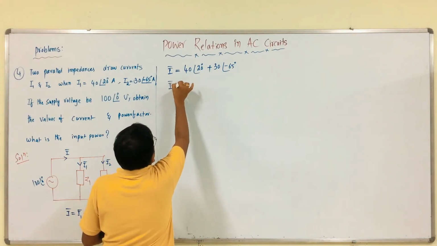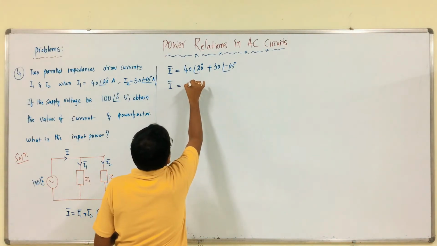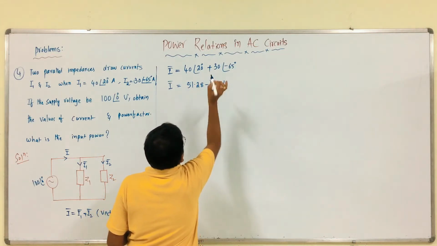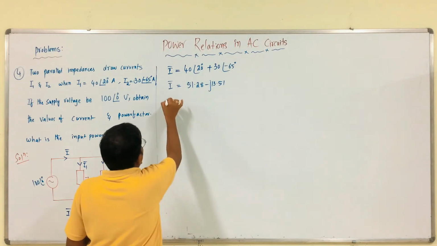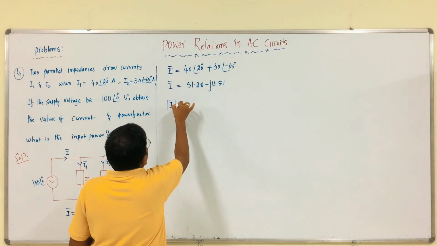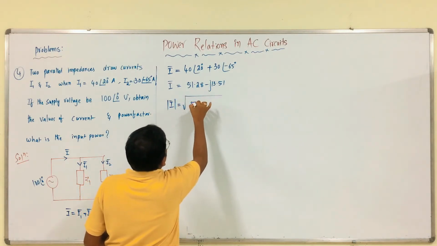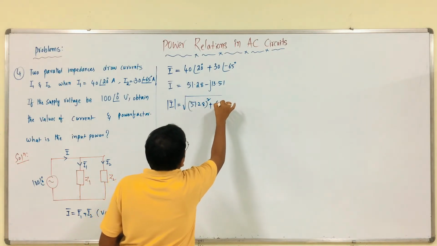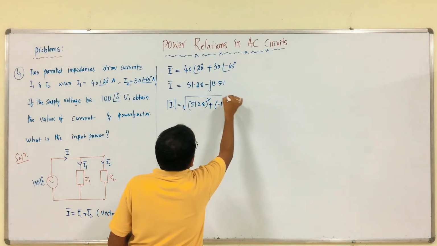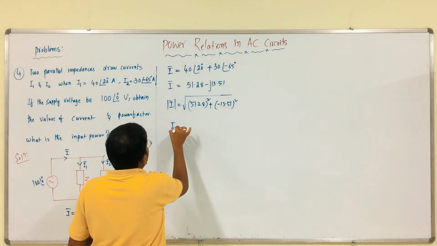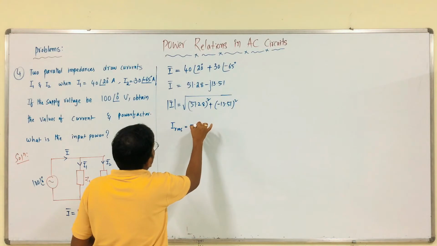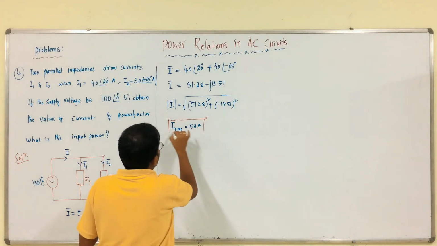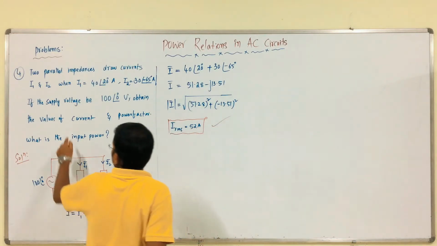From this we can get 51.28 minus j13.51. So the magnitude of current is the square root of 51.28 squared plus minus 13.51 squared. We can get I RMS equal to 52 amperes. So the first part is completed.